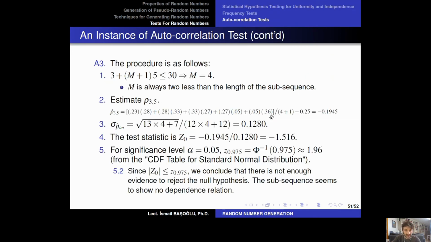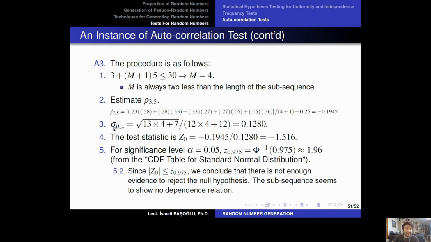Now, this is exactly what we are doing here. So how many multiplications are we doing with a sequence of 6 random numbers? There will be 5, right? There will be 5 consecutive couplings. And we are dividing the sum of the products by 5 and subtracting 0.25. And the difference is minus 0.1945.